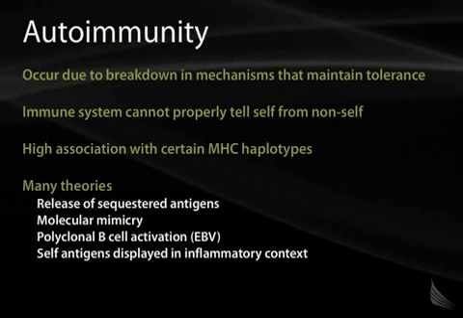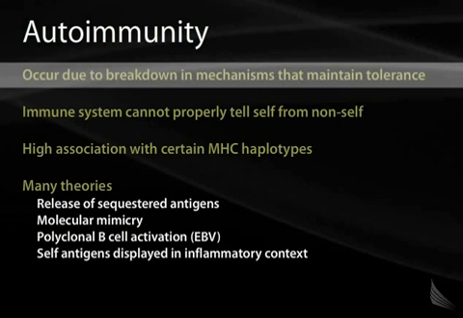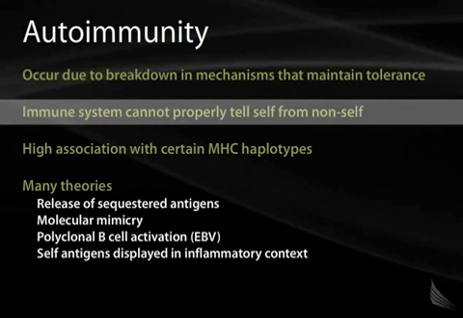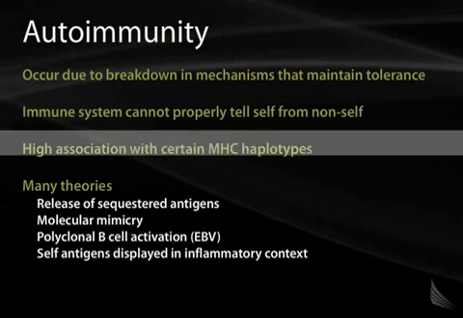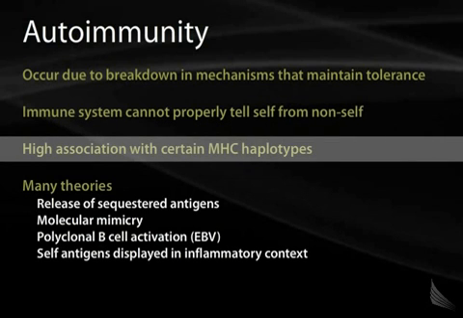Despite all of these tolerance mechanisms, we still have people that get autoimmune diseases. These occur because of a breakdown in these mechanisms, and the immune system doesn't properly distinguish self from non-self. There's a high association for many of these diseases with certain MHC haplotypes, indicating that the way in which MHC processes and presents certain peptides has something to do with causing autoimmunity in these people.